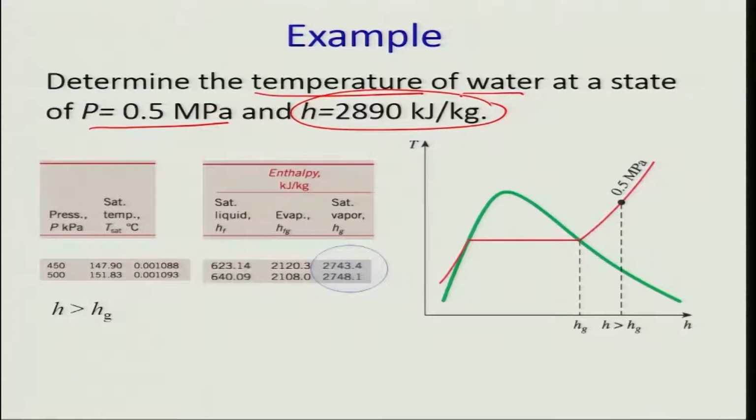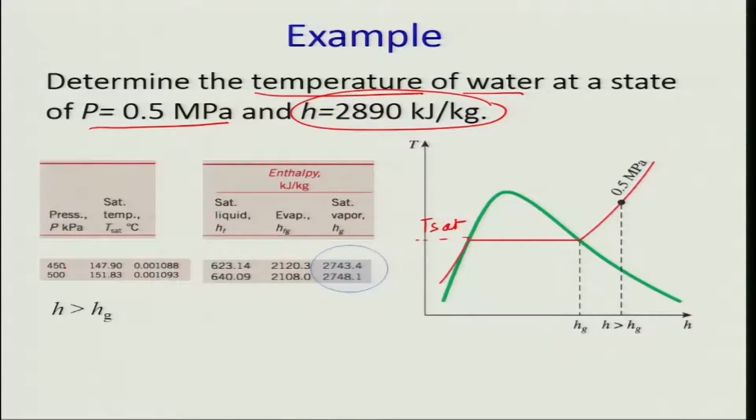The first thing we have to find out is the state of such water, because nothing is mentioned about whether this is a compressed liquid, saturated liquid, or superheated. The first thing is to identify its state, and you can look at the table. We first find the corresponding T sat.